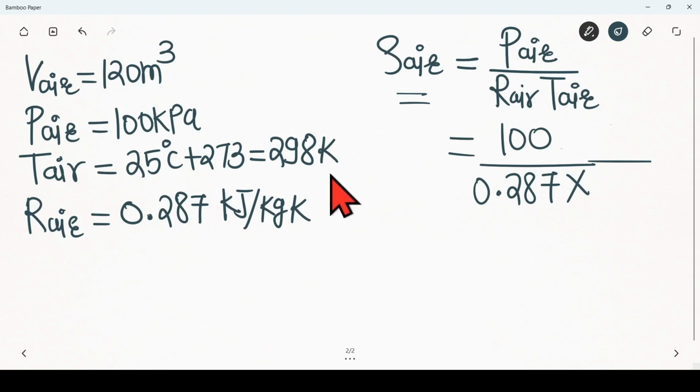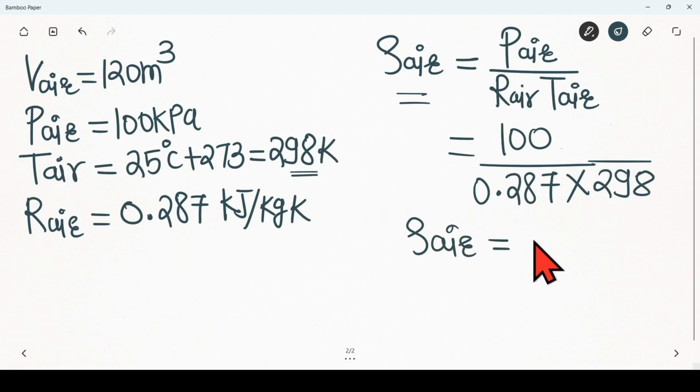It should be in Kelvin. So 25 degrees Celsius, we add 273, it becomes 298 Kelvin. So from this, density of the air is equal to 1.17 kg per meter cube.